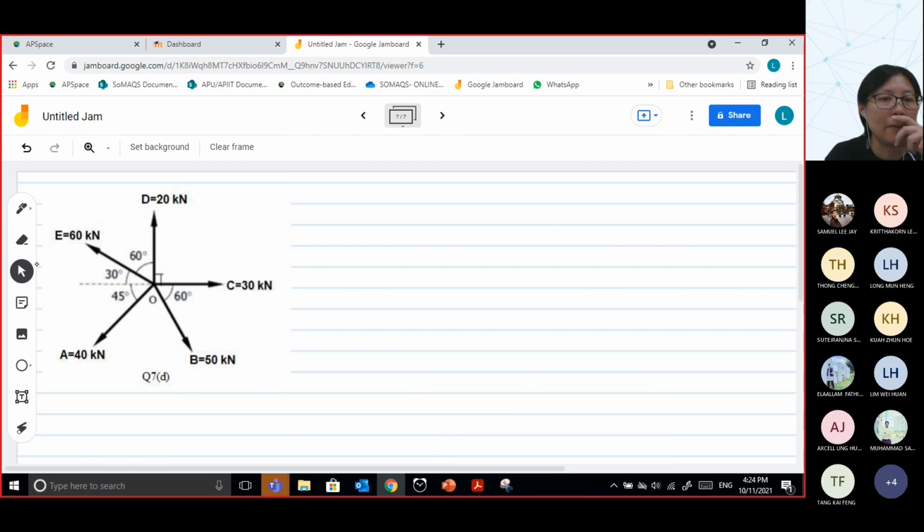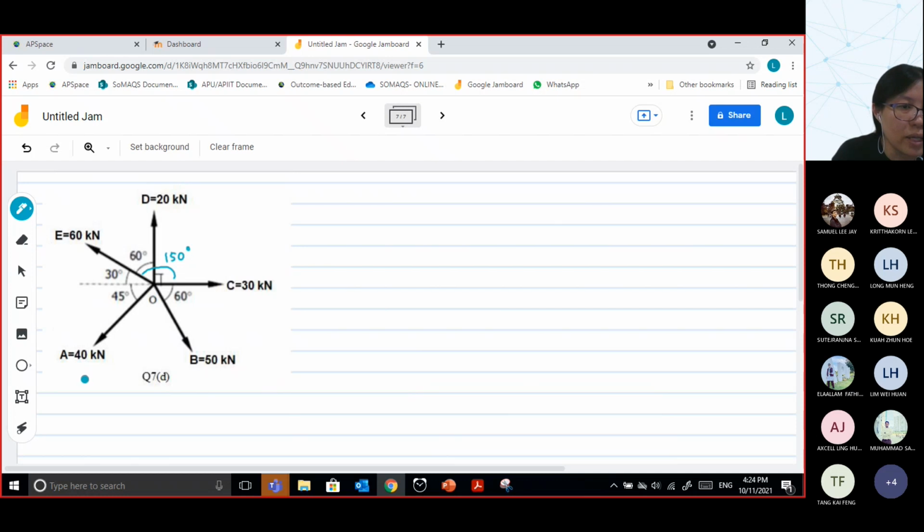Maybe we can come up with the angles first. For C, it is 0 degrees. D is 90 degrees. For E, it is 90 plus 60, so this is 150.